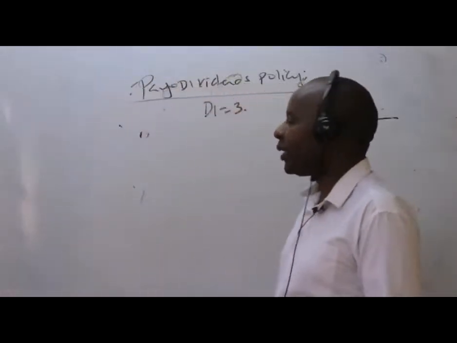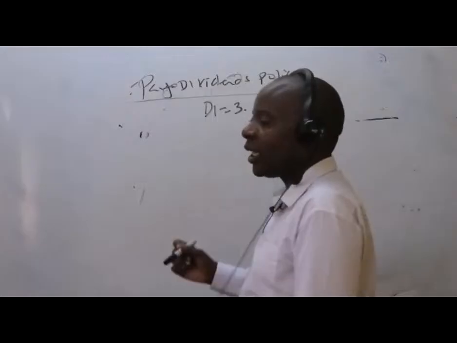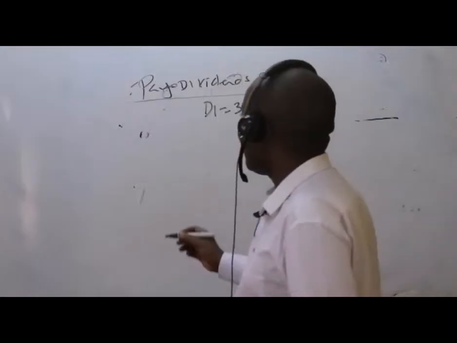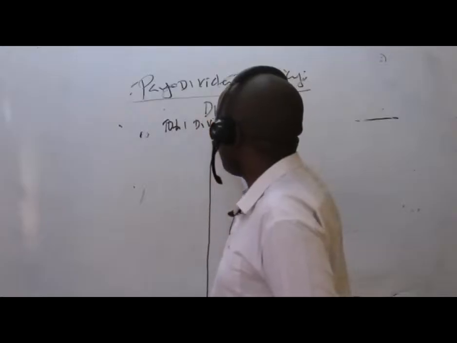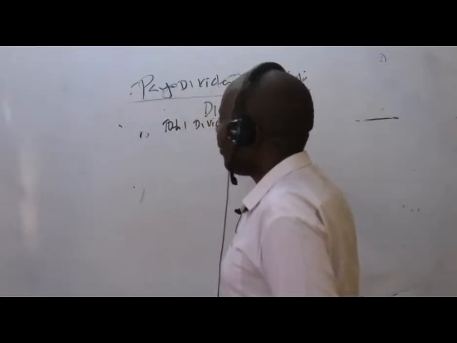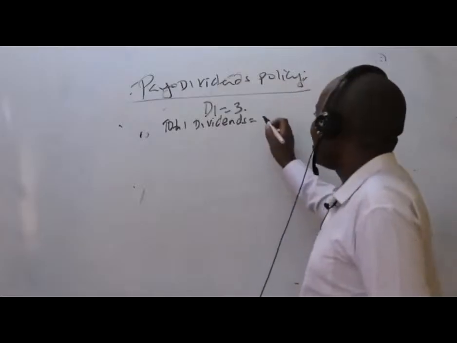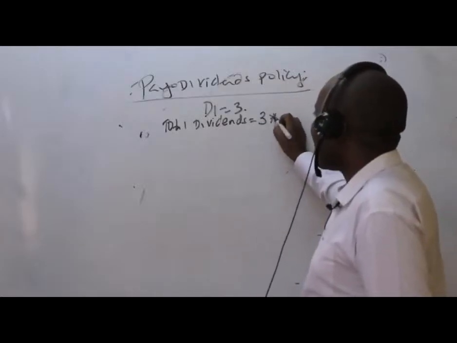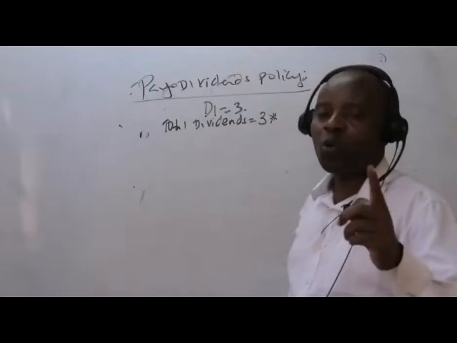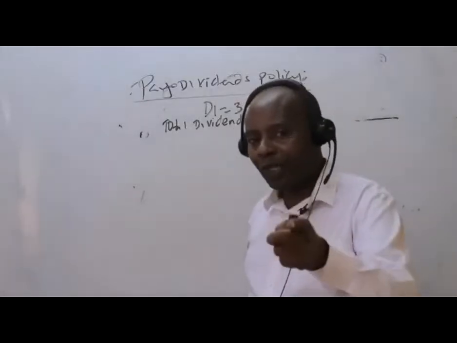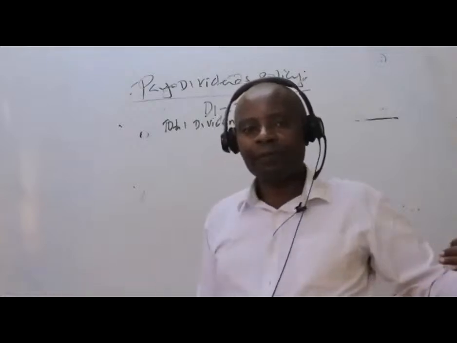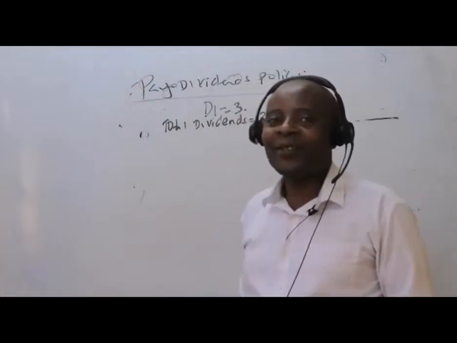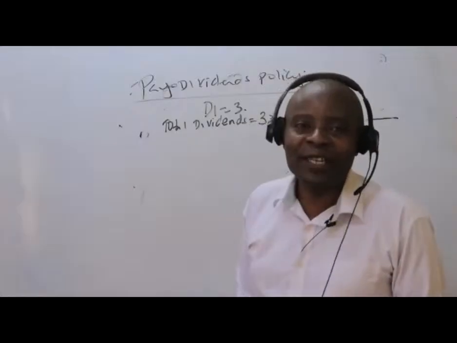Number one, when the dividend is 3, this is per share, then first of all, we need to give our examiner the total dividends payable. Total dividends payable will be the 3, of course, times the number of shares that qualified for dividends, the old shares that we stayed with the whole year. New shares don't qualify for dividends.